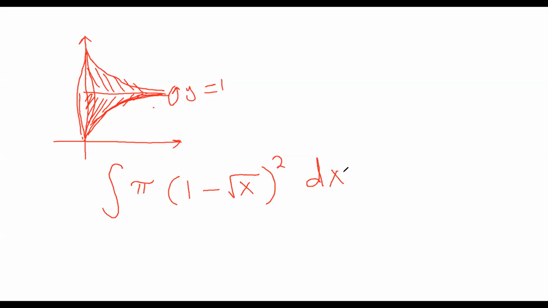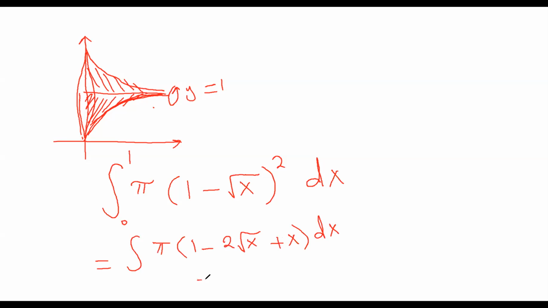And your x ranges between 0 to 1. This is equal to the integral of pi times (1 minus 2 square root of x plus x) dx.